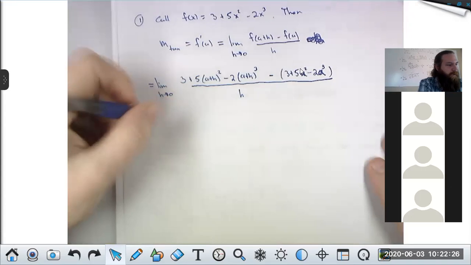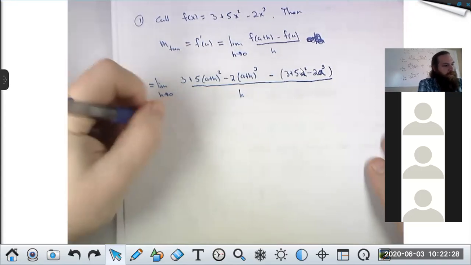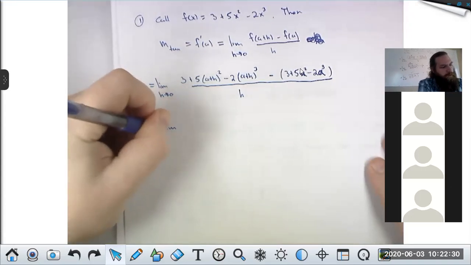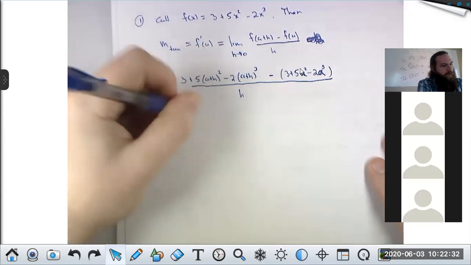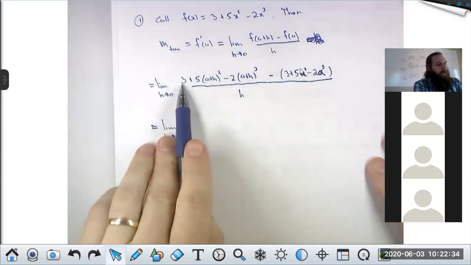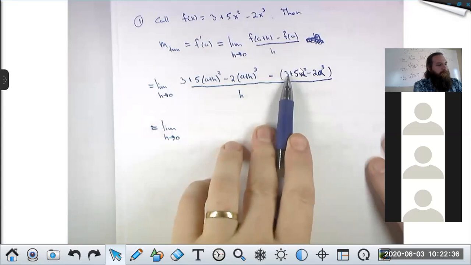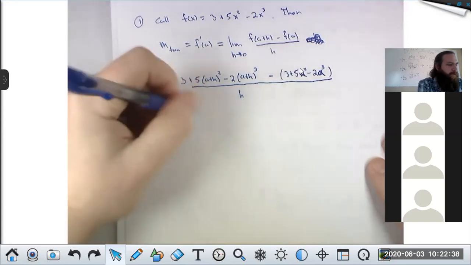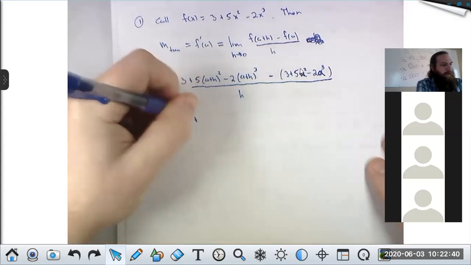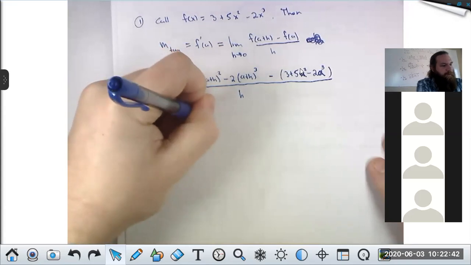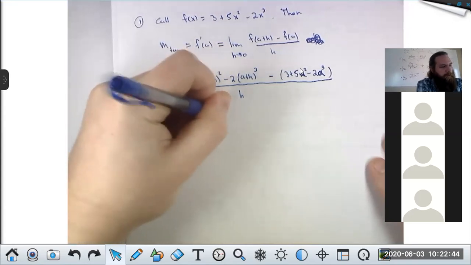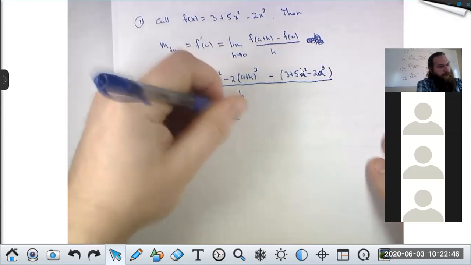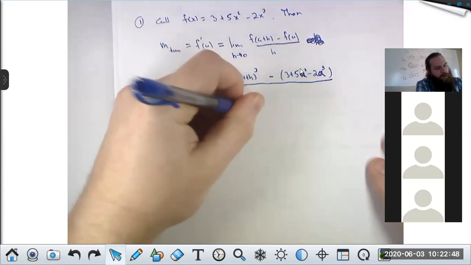So let's go ahead and do it. This 3 minus this 3. We'll leave it here. We'll be real careful. I'm going to have my 5 times a squared plus 2ah plus h squared.